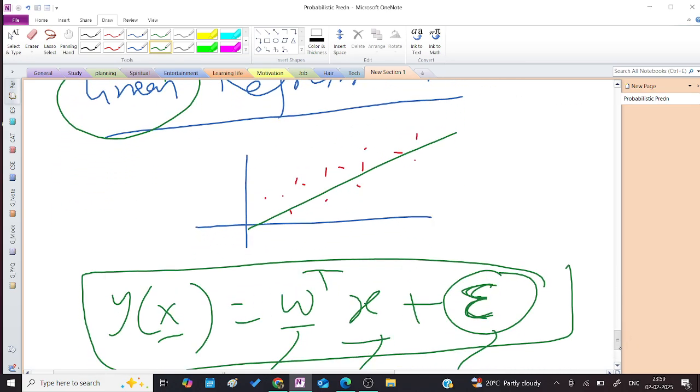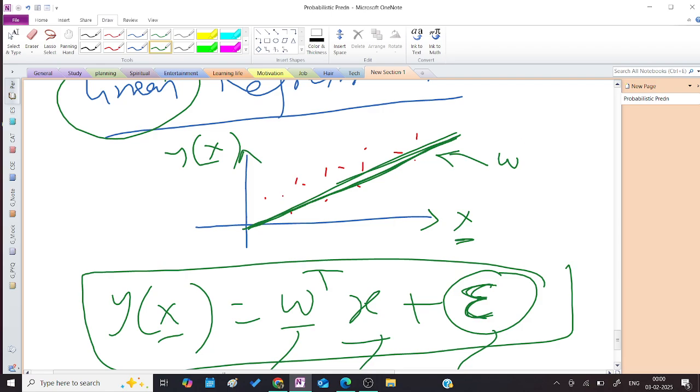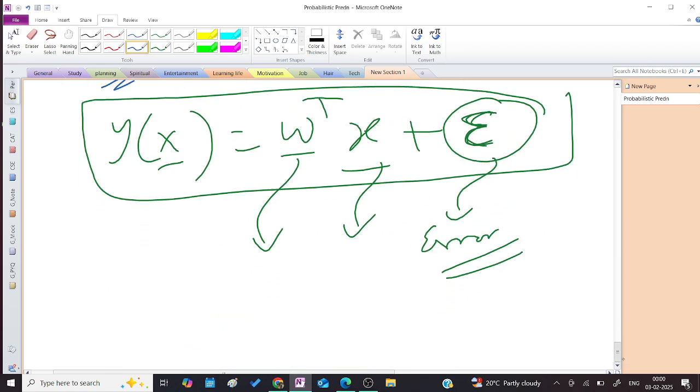What is this error? Okay, this is x, this is y(x), and this line is nothing but y hat(x), and this distance is the error e. Okay.